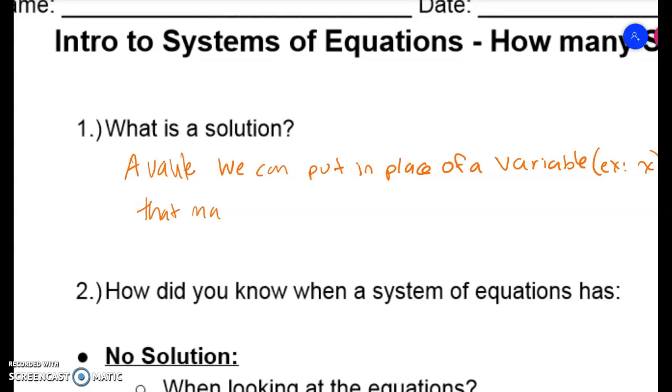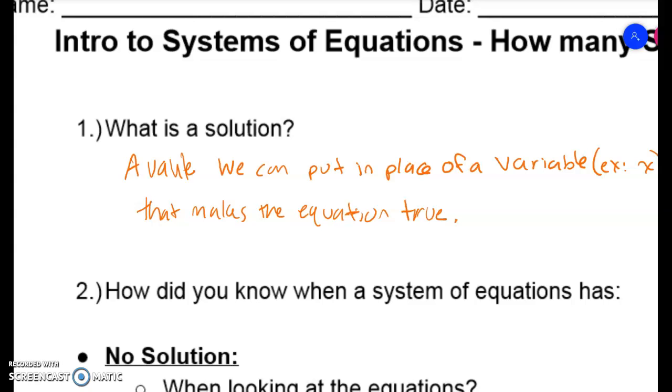That makes the equation true. Remember how the other day we were checking and making sure that the equation had a solution and that the point of intersection was indeed that answer?